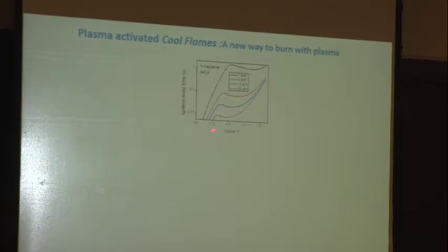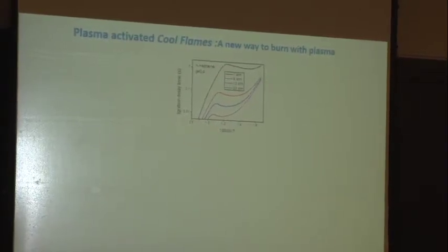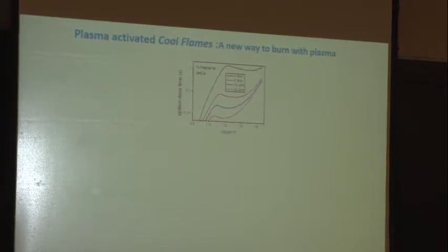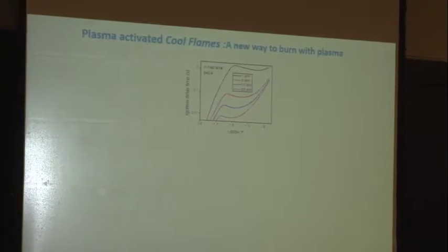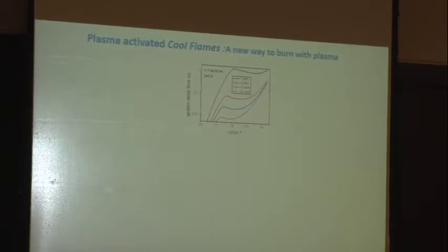Around this temperature, about 1,000 Kelvin, it is about 1 second. Therefore, you can never see a cool flame in the laboratory, because in a counterflow flame the residence time is probably 10 to 100 milliseconds. In a Bunsen flame, the residence time is probably less than 100 milliseconds. You can never see your cool flames, right?